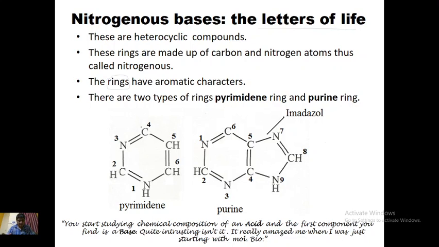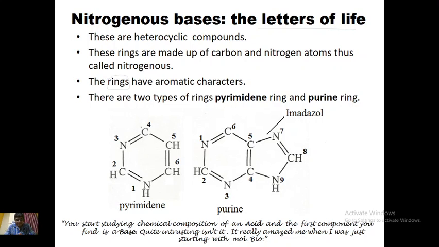As you can see the structure here in this slide, these are ringed compounds, and the ring has alternate double bonds or the pi electron cloud, and that is why these are aromatic compounds. So nitrogenous bases are heterocyclic compounds first of all, because if you see the cycle, it is not made by carbon only, it has carbon and nitrogen, and that is why these are heterocyclic compounds.